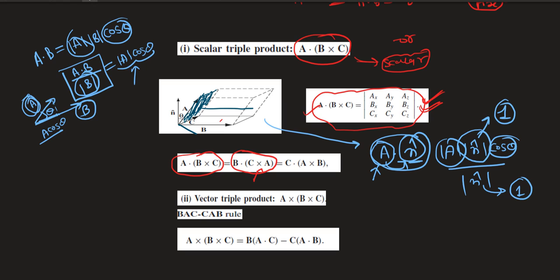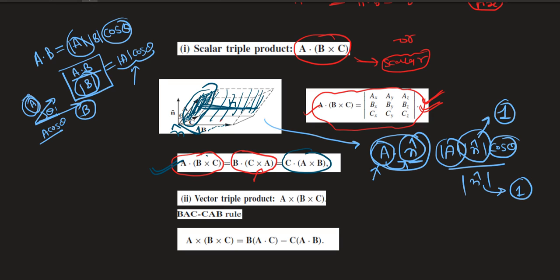Because the direction of C cross A would be in this direction, and then when you take the projection onto this B vector, you will simply find this side, okay? So again, this would be this area multiplied with this height, let's say h, and again it would be giving me the volume of this parallelepiped. Yes, similarly this C dot A cross B would also give me the same volume. So in this way, this relation would hold true.